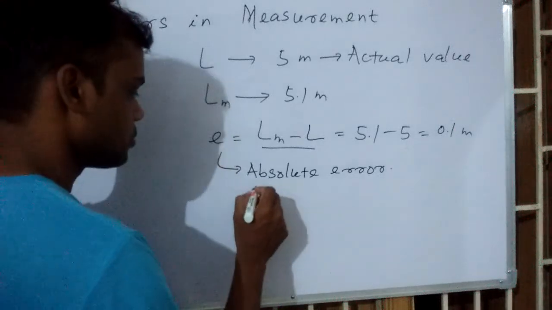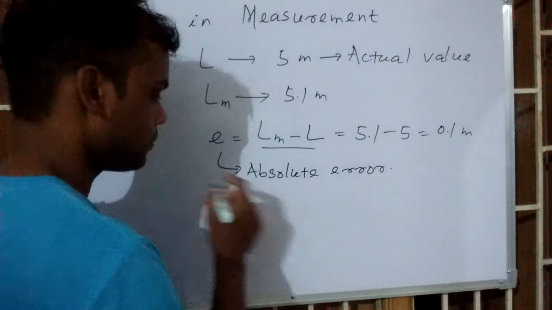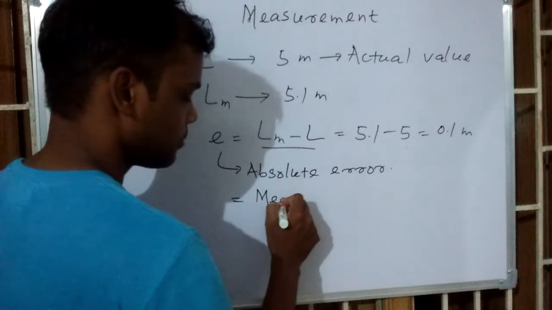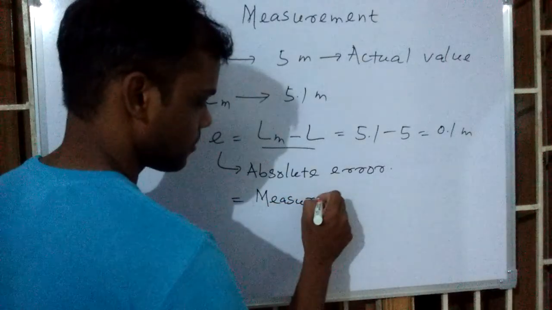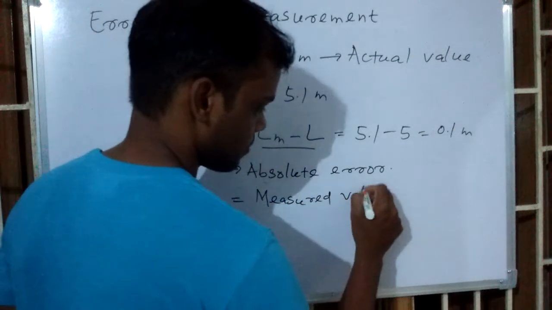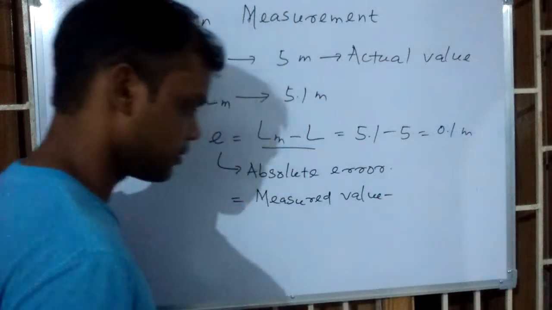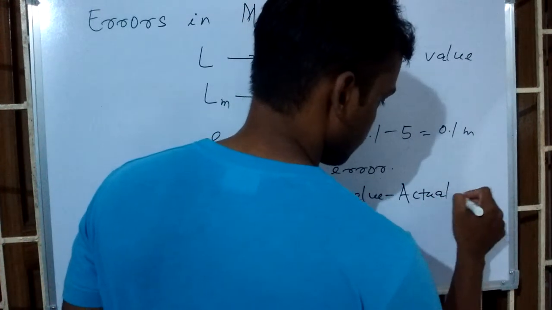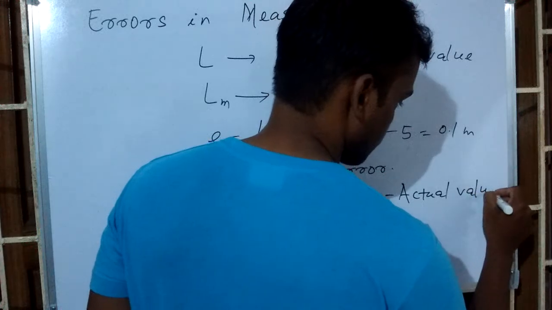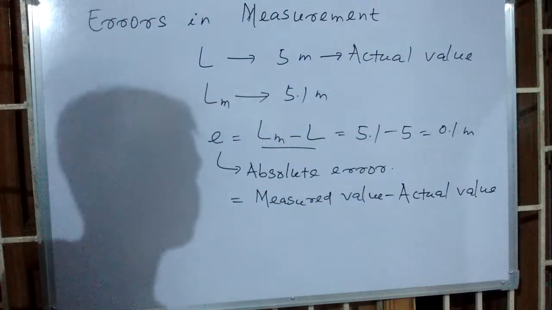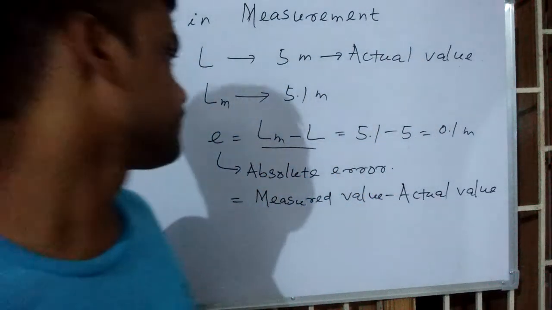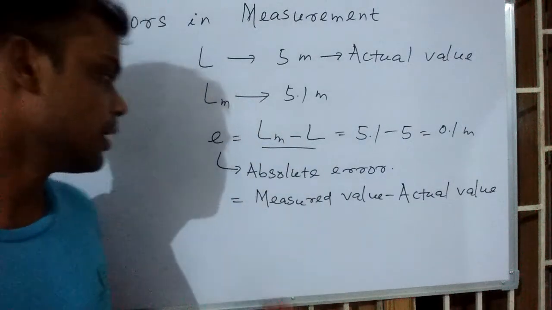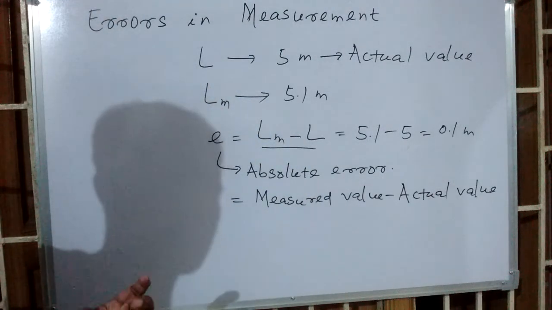Absolute error is equal to measured value minus actual value. Okay, measured value minus actual value. So this is one type of error, absolute error.